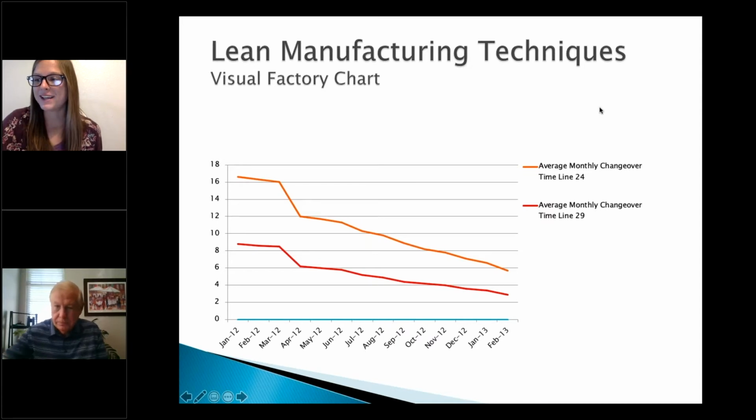One of the questions we got in was about the Kanban staging. Wondering if you can give some examples of how the Kanban technique of staging materials can take different forms specific to different operations.